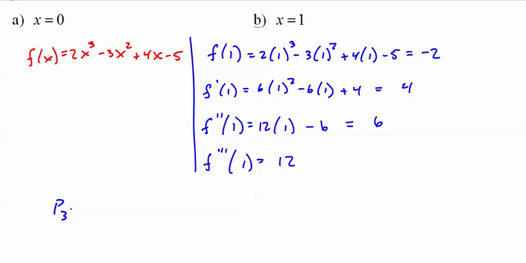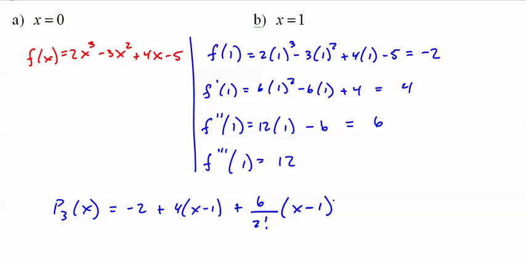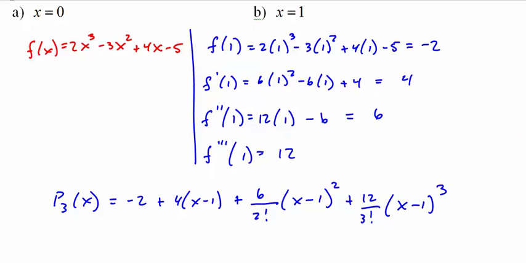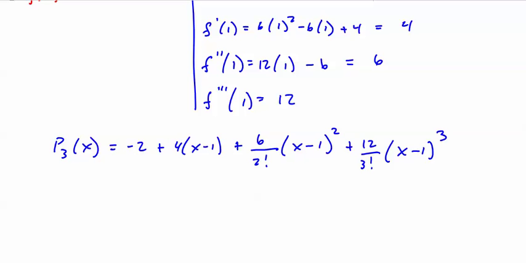So the Taylor polynomial, third degree, is negative 2 plus 4 times x minus 1 plus 6 over 2 factorial times x minus 1 squared plus, goodness gracious, 12 over 3 factorial times x minus 1 to the third. We can blast this out and keep simplifying.